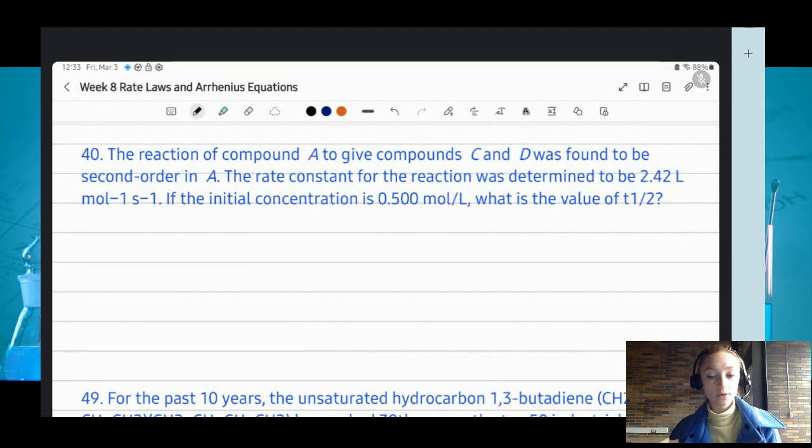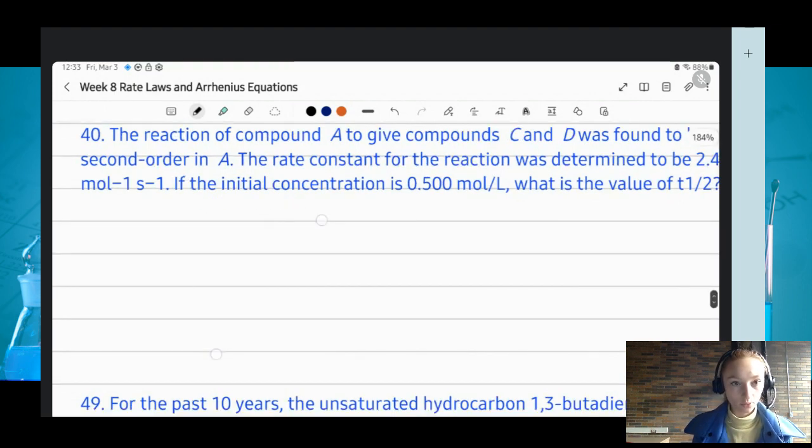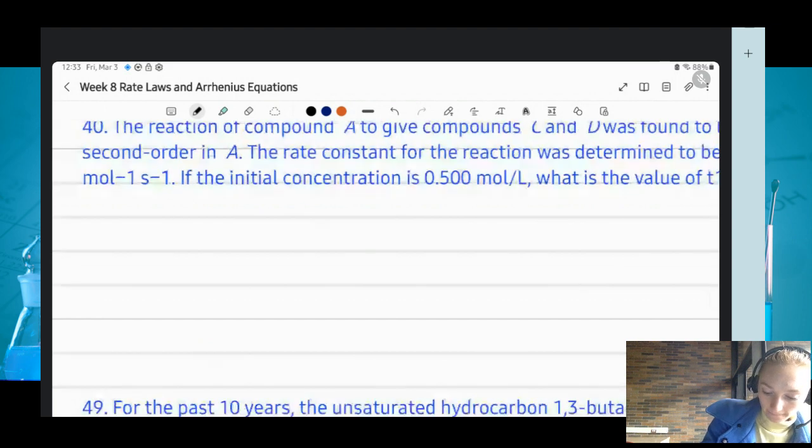So this equation that we will be working with is a little bit different than the standard rate equals K constant times the concentration to whatever power. This equation will be specific to a second order reaction.